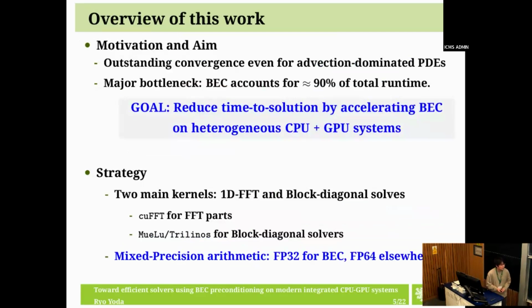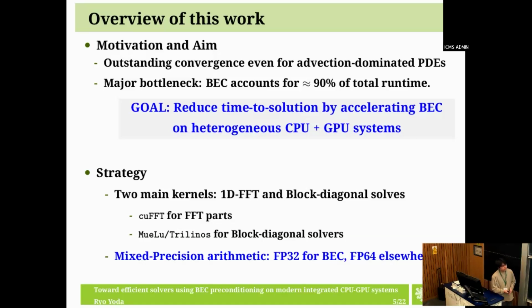The BDC preconditioning step is very great, but its runtime accounts for approximately 90% of the program. Then we are motivated to reduce the time to solution by accelerating the BDC preconditioning steps on heterogeneous CPU-GPU systems.